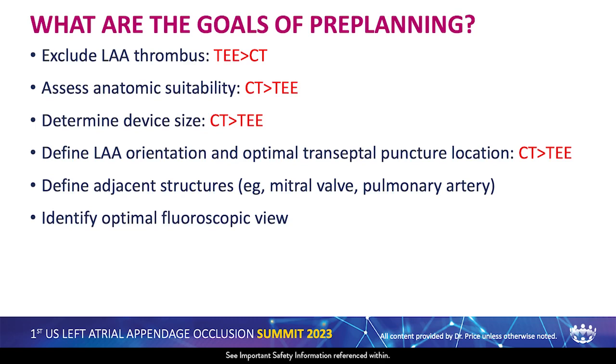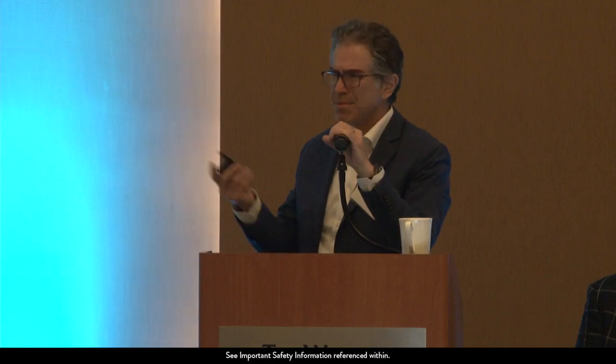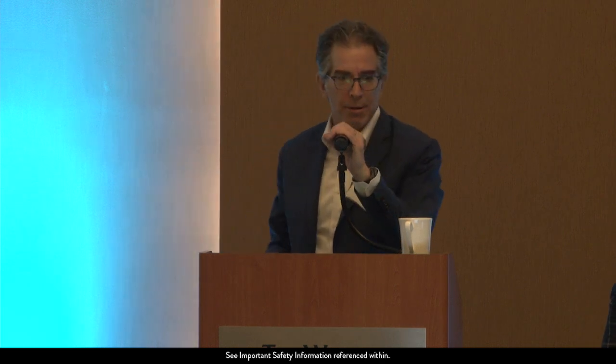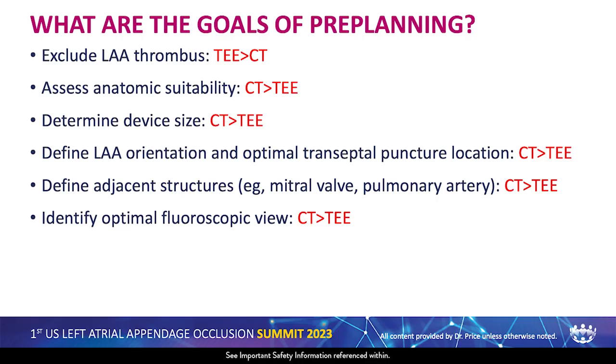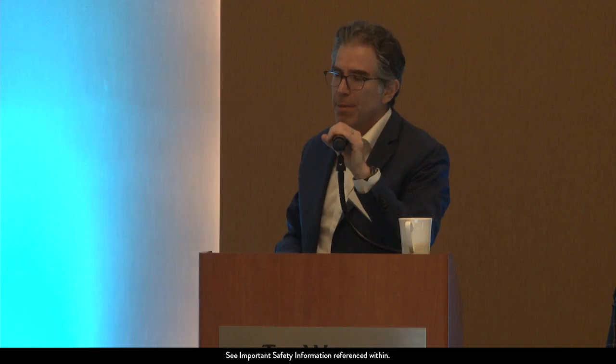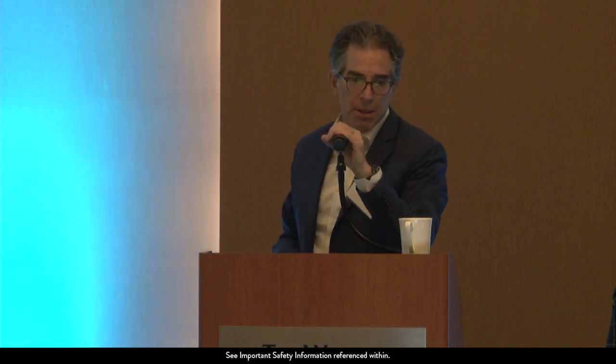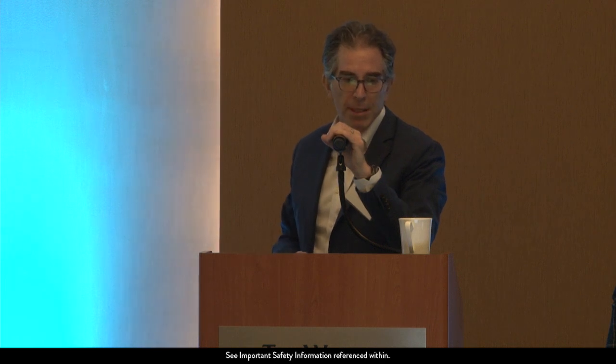But with CT reconstructions, you just go to an RAO caudal equivalent on your CT reconstruction, and you know whether you have to be inferior or mid on your stick. And you can define the adjacent structures like the mitral valve and pulmonary artery better on CT, and obviously the function is not as much, and that's obviously better by CT.